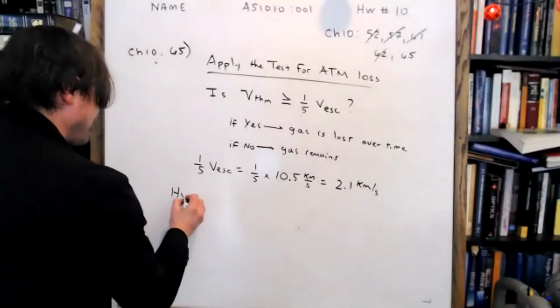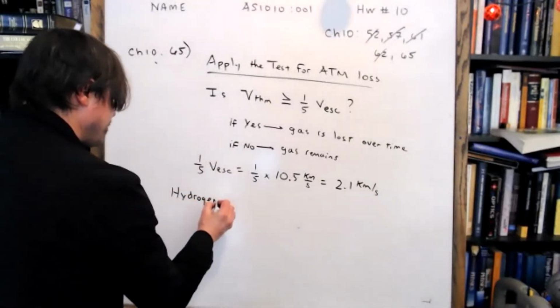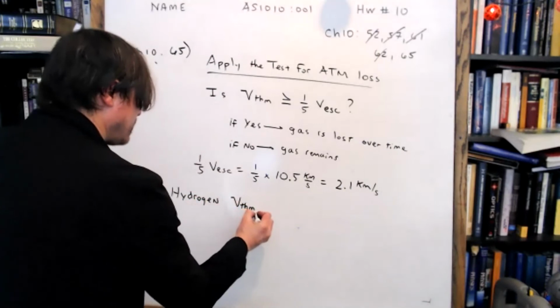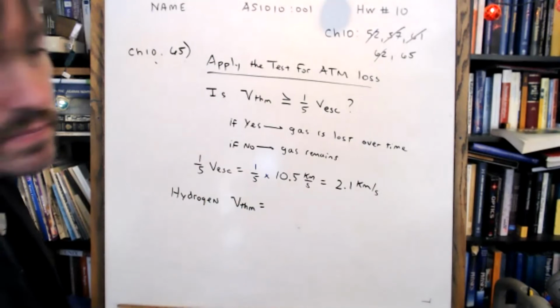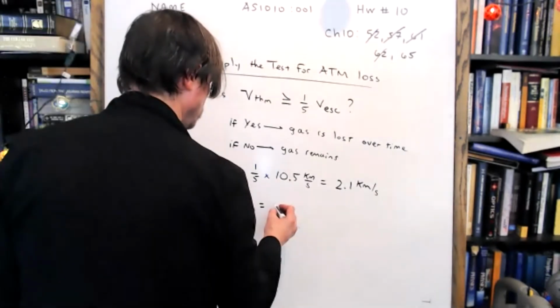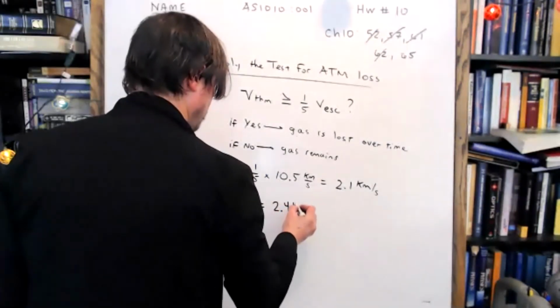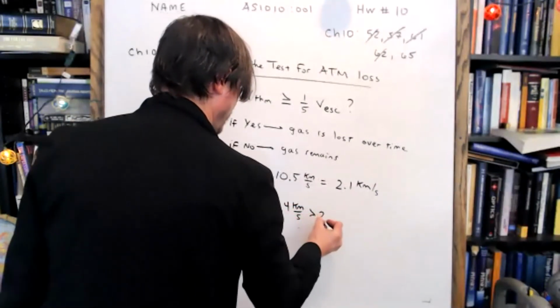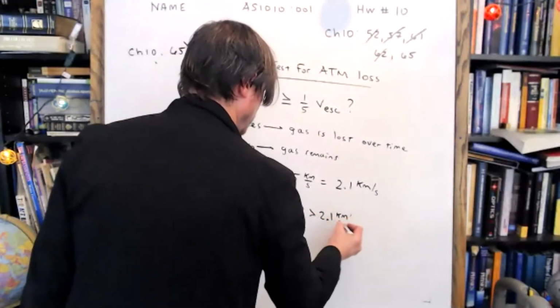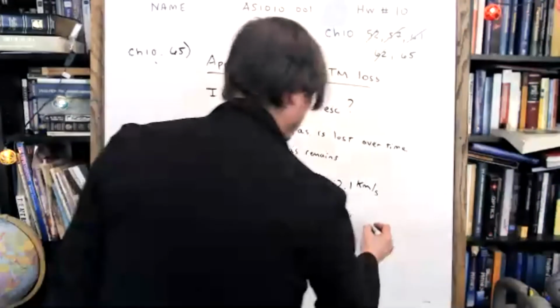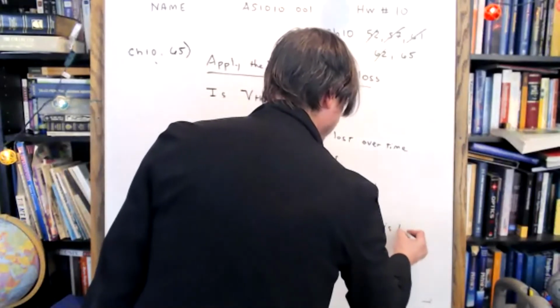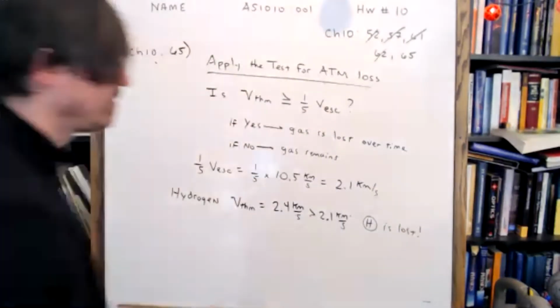So for hydrogen, the thermal speed was, what was it again? 2.4 kilometers per second, which is greater than 2.1 kilometers per second. So what happens to hydrogen? Gas is lost over time. Hydrogen is lost from Venus's atmosphere.